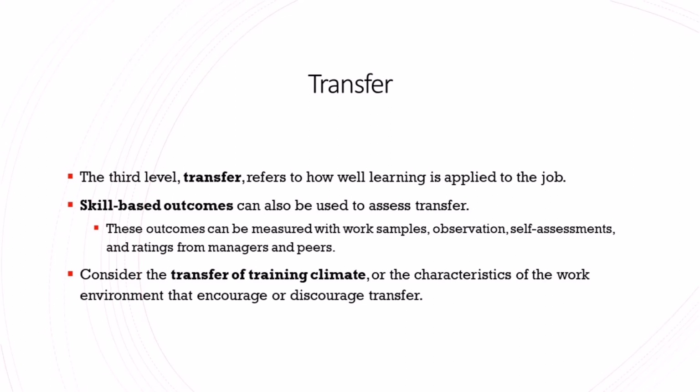We can use work sample tests, observation, and self-assessments to measure transfer. Managers and coworkers can rate the degree to which trainees use their skills on the job and how well they use them. We must pay attention to whether the work environment is supportive of transfer. Did trainees have opportunities to perform, for example?